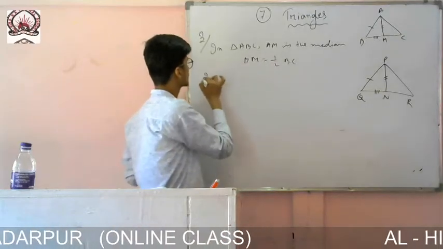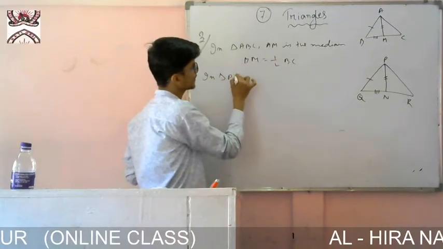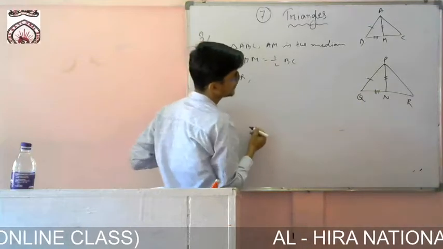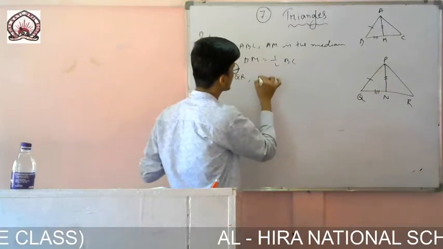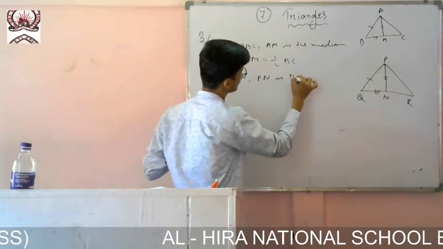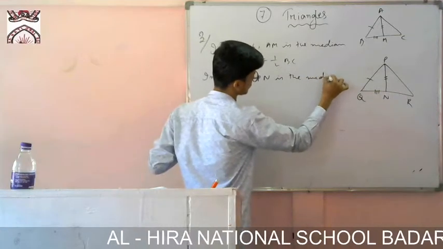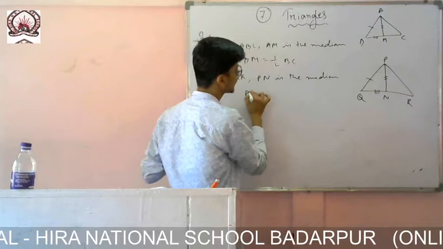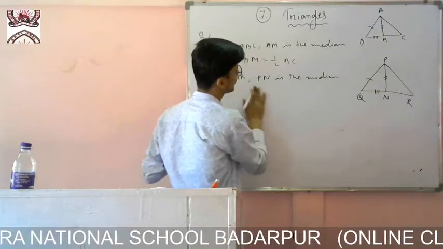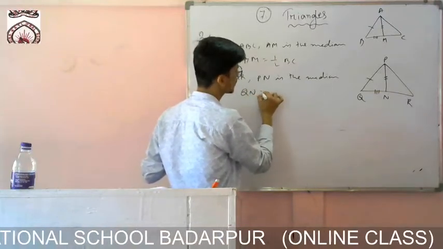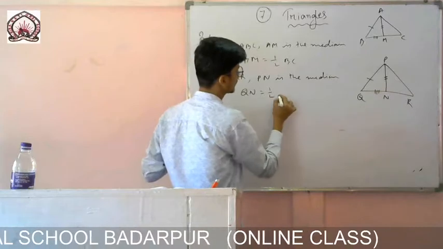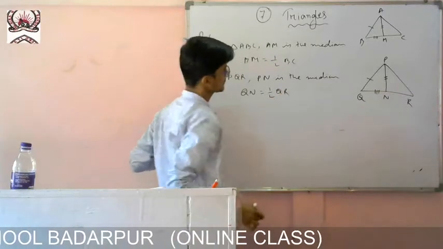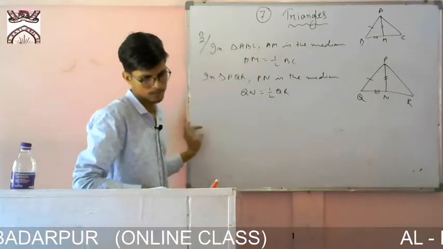Again, in triangle PQR, PN is the median, that means QN is equal to half of QR.